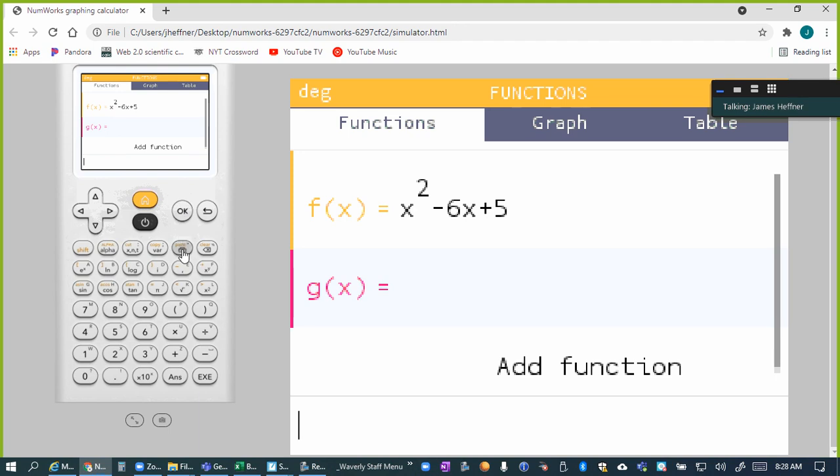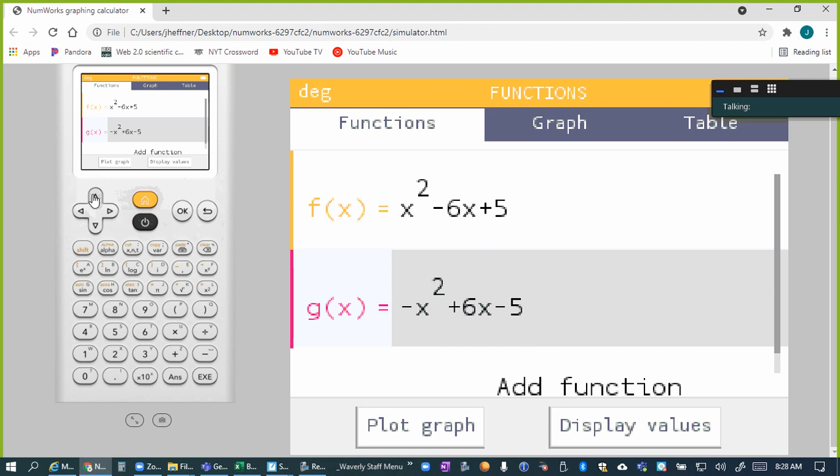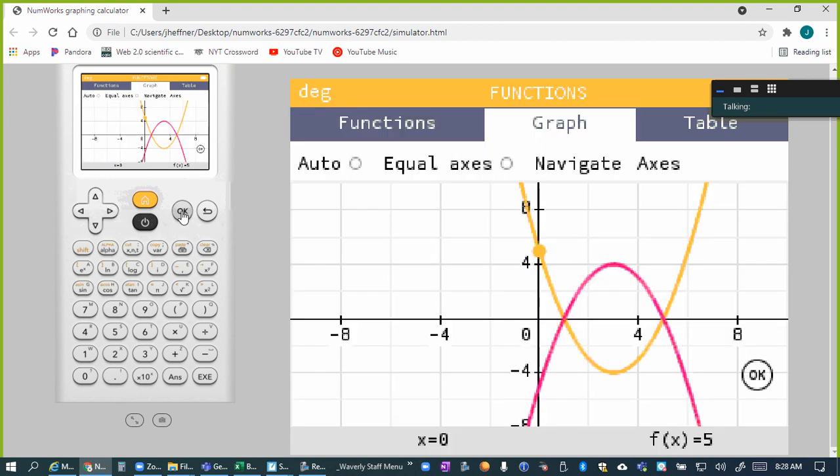And that was our negative x squared plus 6x minus 5. Huh, okay.